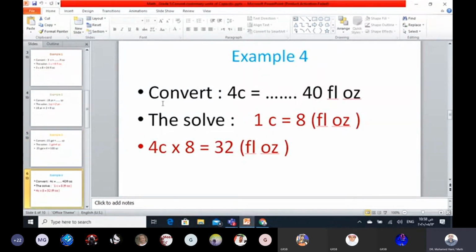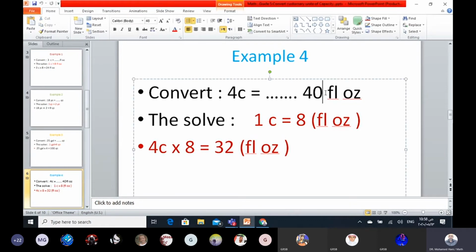Example 4. We want to convert 4 cups to how many fluid ounces? What is the relationship between the cup and the fluid ounces? Each 1 cup equals 8 fluid ounces.